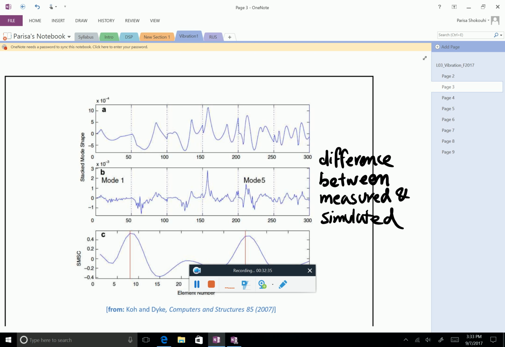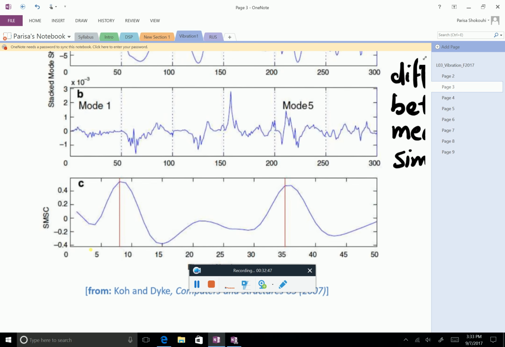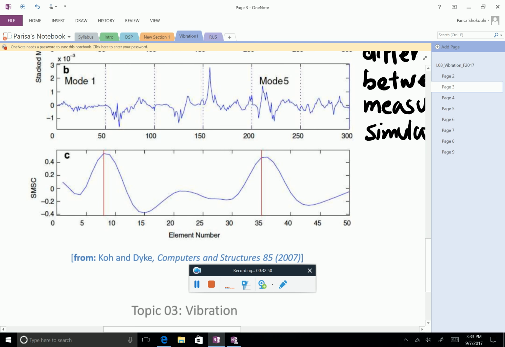You simulate it, you get the mode shapes, you measure the mode shapes. That's hard. And then you look at the difference. You see elements throughout the bridge where the differences are larger, and then you conclude that maybe something is wrong there. This is what people use in structural health monitoring.